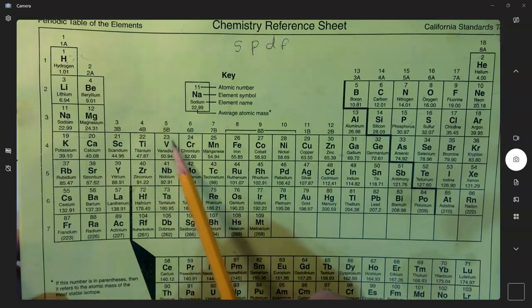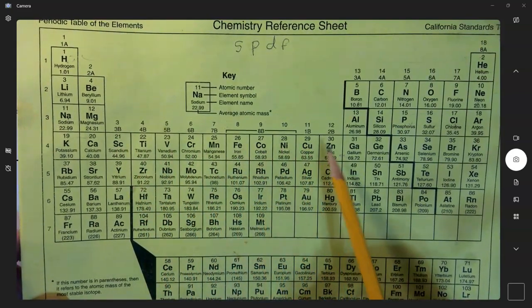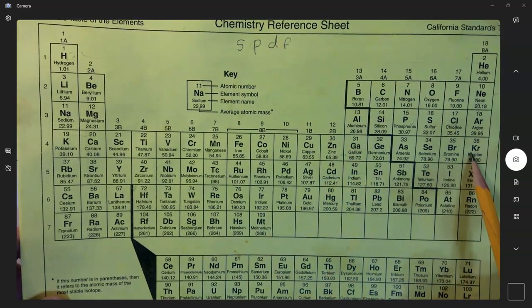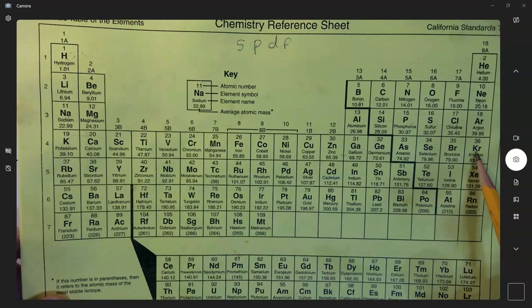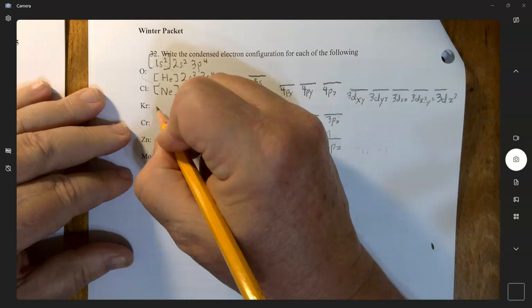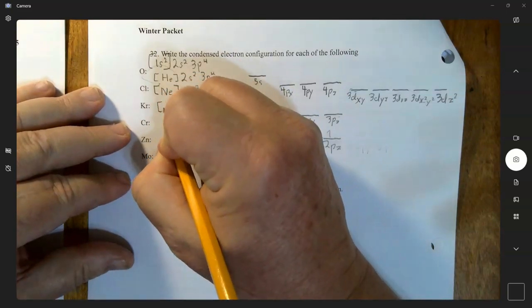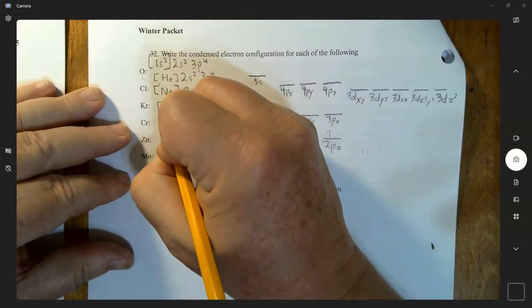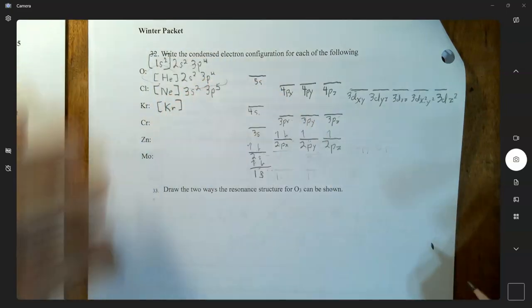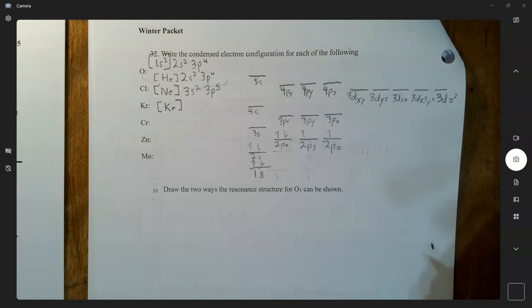Count 1, 2, 3, 4, 5, 6, 7, 8, 9, 10. 3d10, and then it's 4p6. Well, you pick the nearest noble gas. Well, it is a noble gas. So all you have to write for krypton is this. You don't have to go back to argon. Some students in the assignment thought you had to do that. You don't have to do that. That's the condensed electron configuration for krypton.